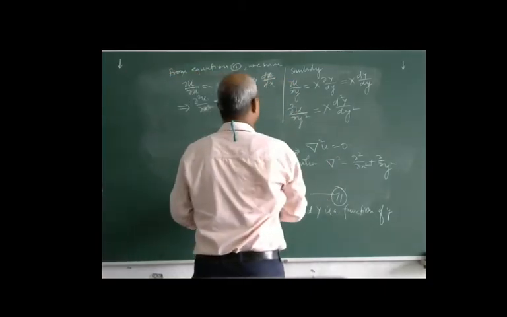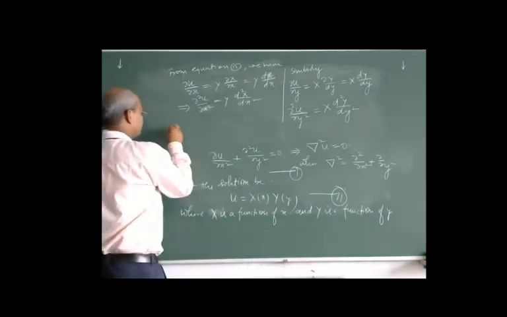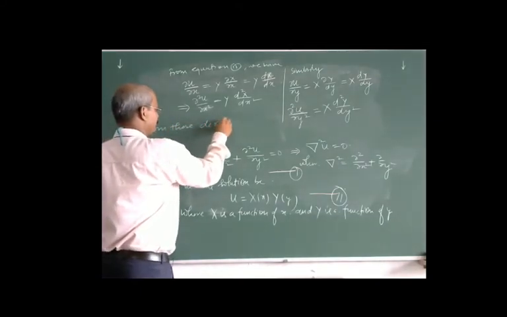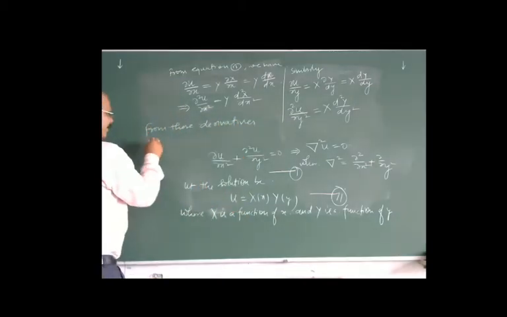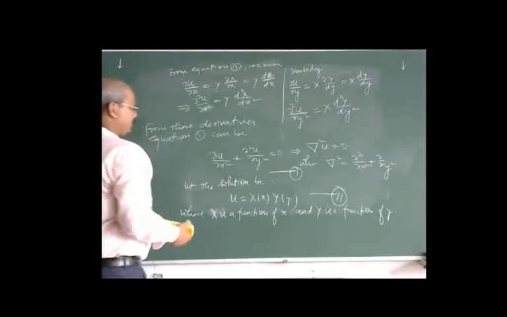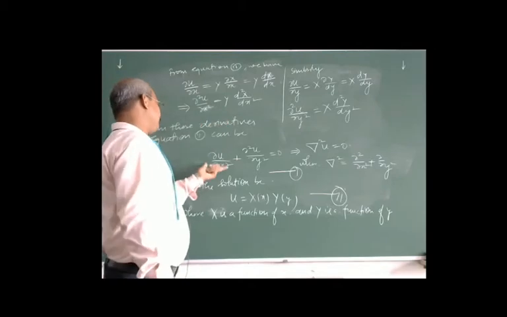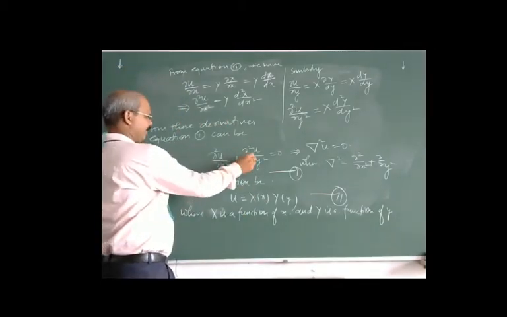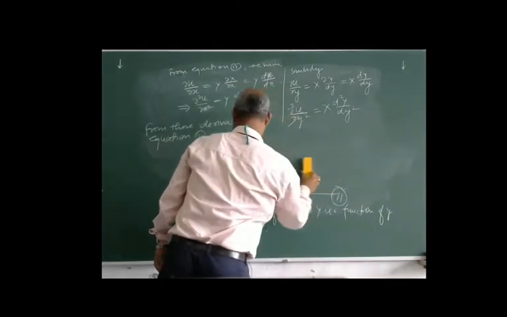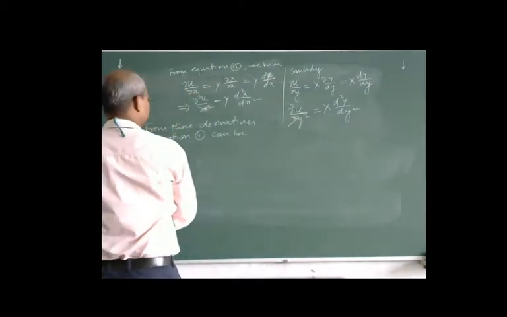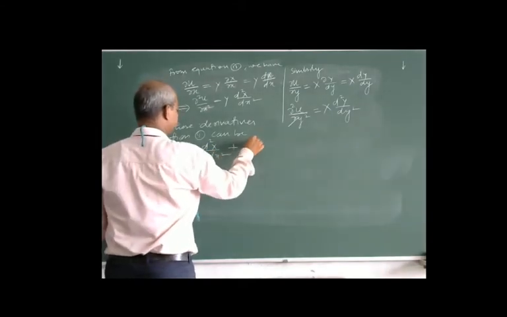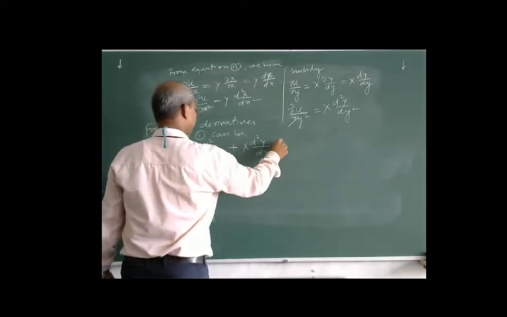So from these three equations, this being the third equation, from these derivatives we will put the values into equation 1. So equation 1 becomes Y d2X upon dx squared plus X d2Y by dy squared equal to 0.